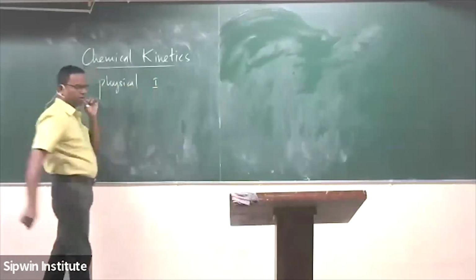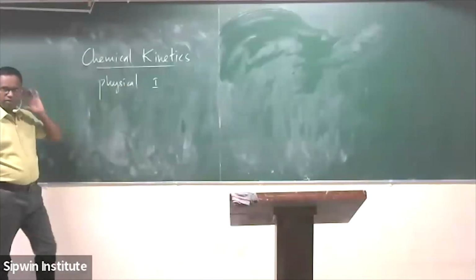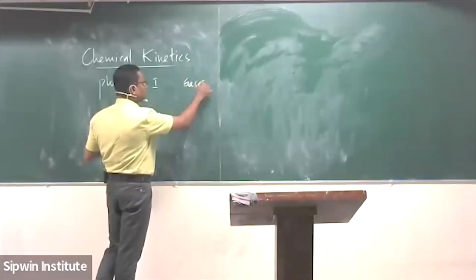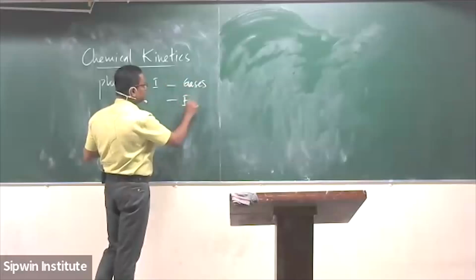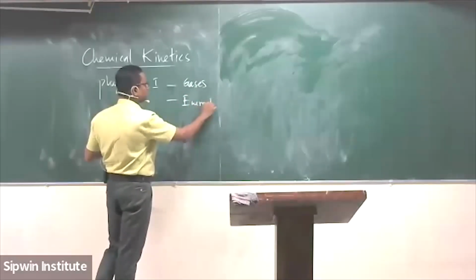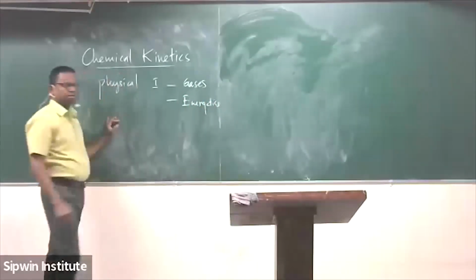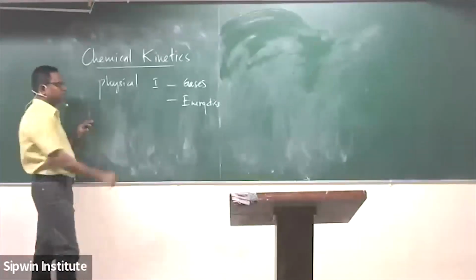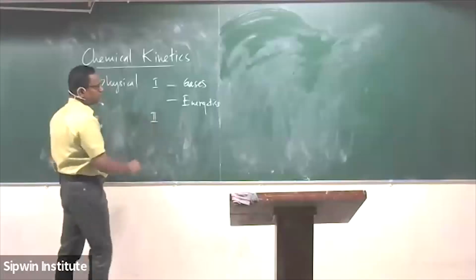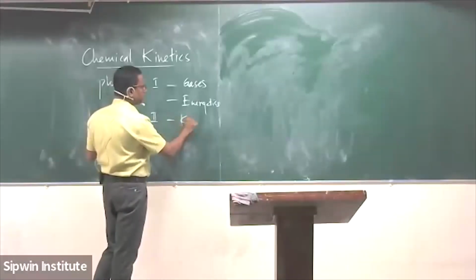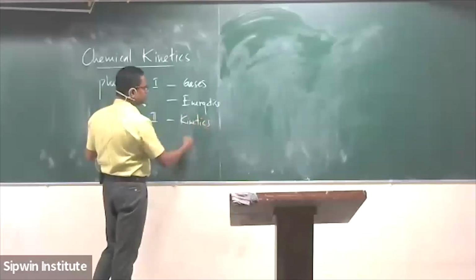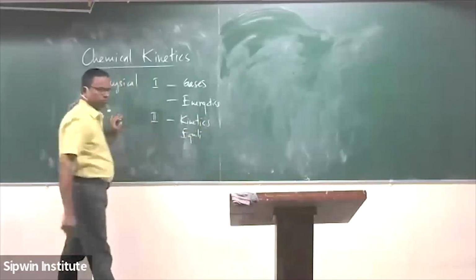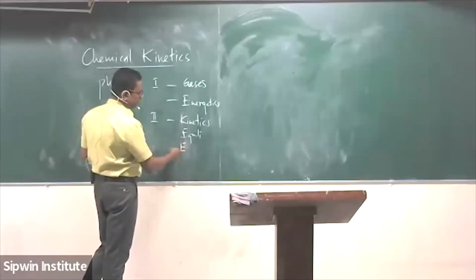Earlier we completed the first part. In the first part we had an idea about the gases and the energetics. We complete those two. Now in this second part we have the kinetics, then the equilibrium, then the electrochemistry.